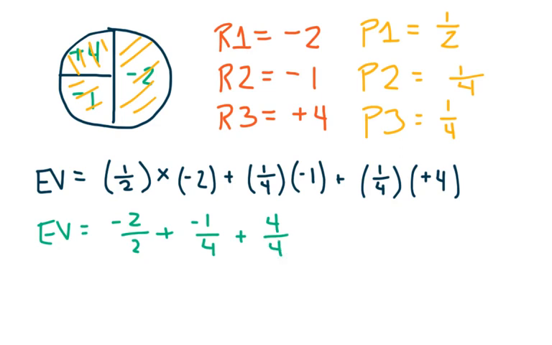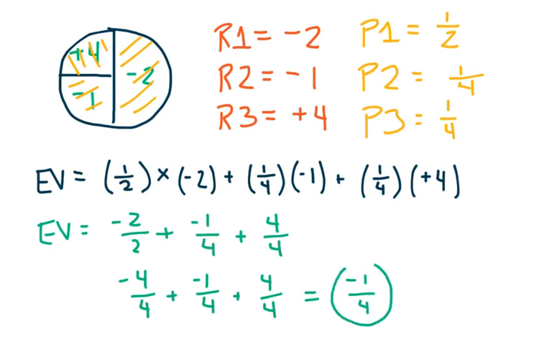In order to add these, I'm going to need a common denominator. So that'll be 4. And so I've got -4/4 plus -1/4 plus +4/4. And when I add all those together, I get -1/4. So my expected value here is -1/4.